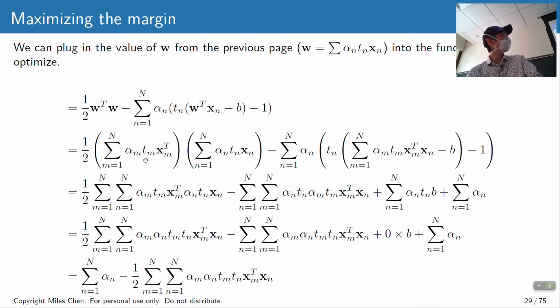And what this basically means is if you have 5 points, you have to consider when m is equal to 1 and n is equal to 1, when m is equal to 1 and n is equal to 2, when m is equal to 1 and n equal to 3, and then you do all 5 for that, and then you go to m equal to 2, and so basically you have a total of big N squared, so you have 25 of these combinations, and that's just for 5 points. And if you have 20 points, you have 400 of these things. So it's a huge mess, okay?